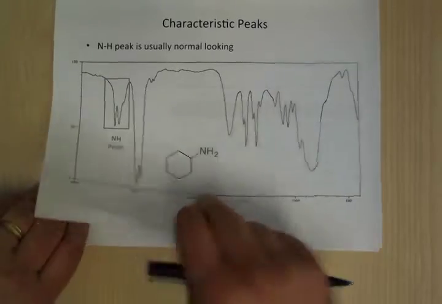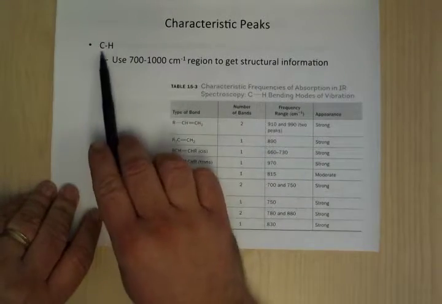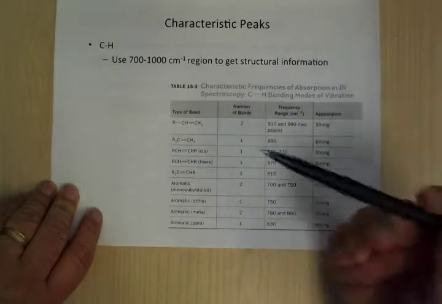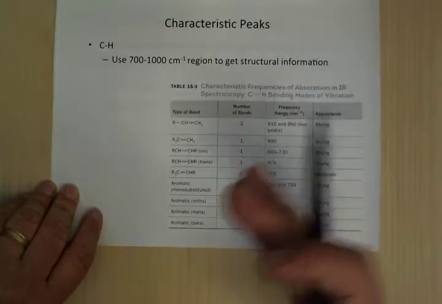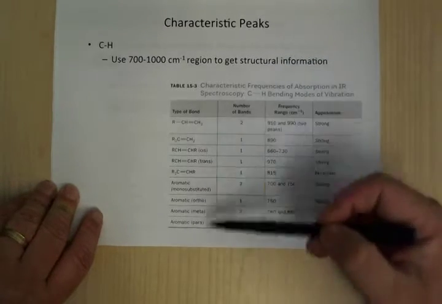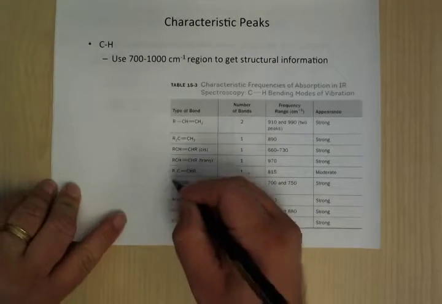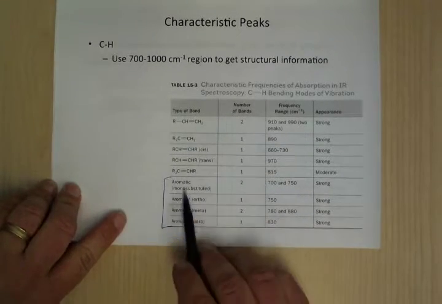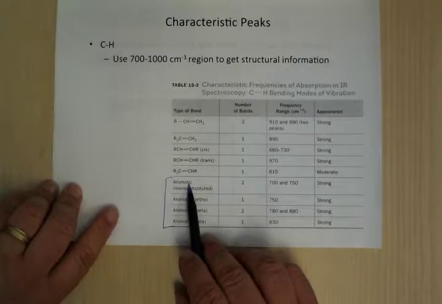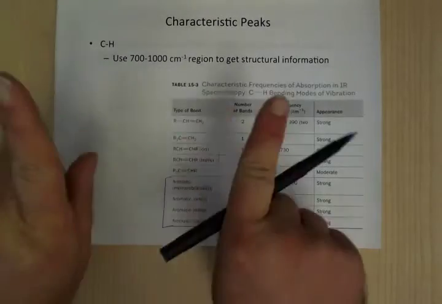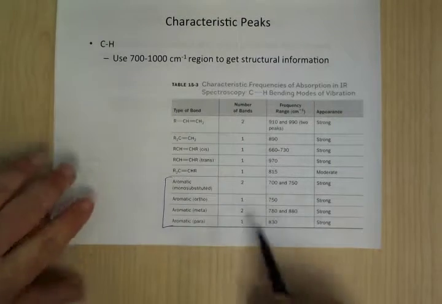Okay. Now another one is the CH peaks. So these bending peaks right below 1000. You can tell if it's cis or trans, things like that. The big one is going to be the aromatics, right? So you can tell if it's monosubstituted, ortho, if they're next to each other, right? Meta or para.